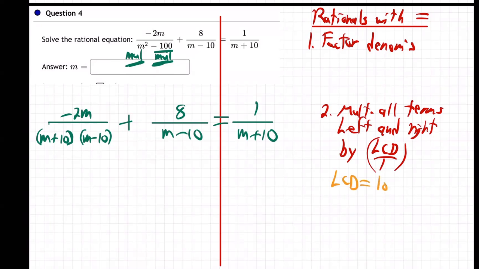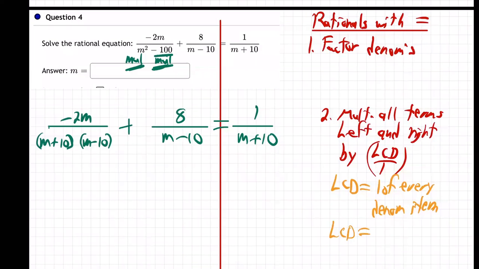It's 1 of every denominator item. 1 of everything. So I look over the denominator and I take 1 of everything. So the LCD is going to be an m plus 10 and an m minus 10. Those are the only 2 kinds of things we have, right? So you just need 1 of each.